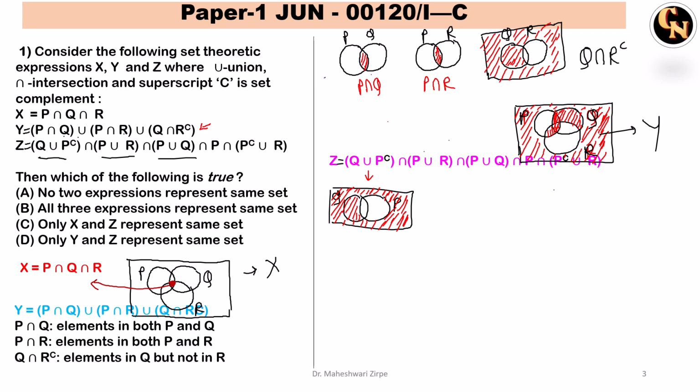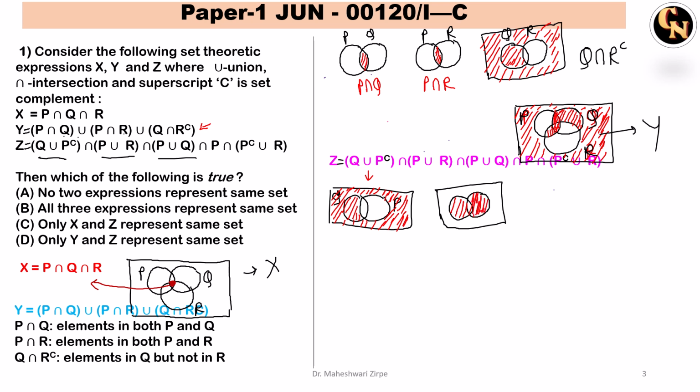The next is P union R. Let us represent P union R. It will be your P set and R set, but since they are saying union, it will represent both P and R together.